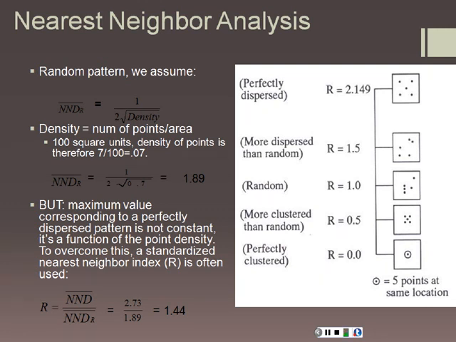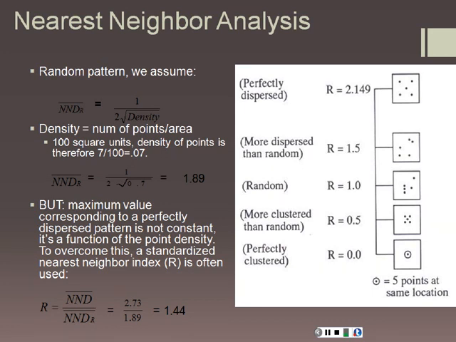It's the nearest neighbor index, but it's not the unstandardized version. That's what this first r is, the result of this equation.